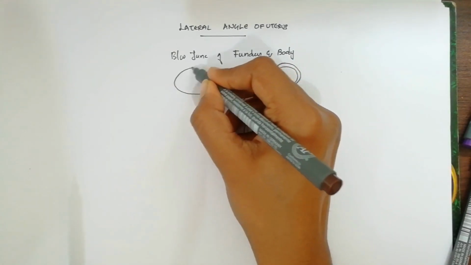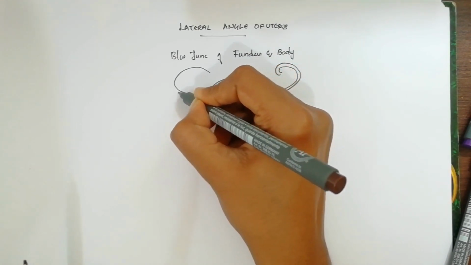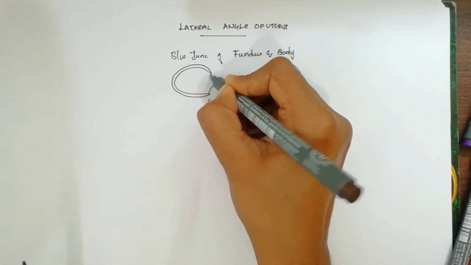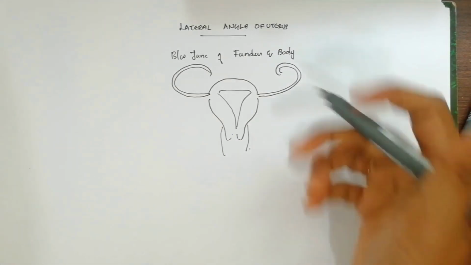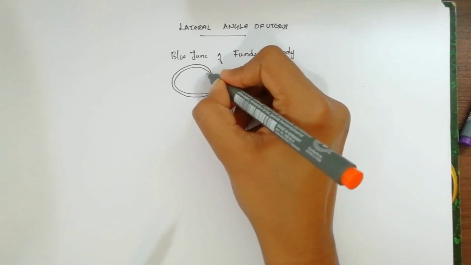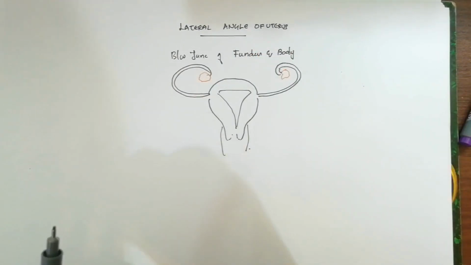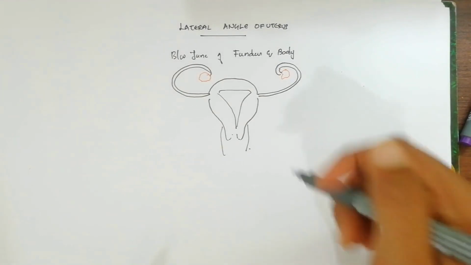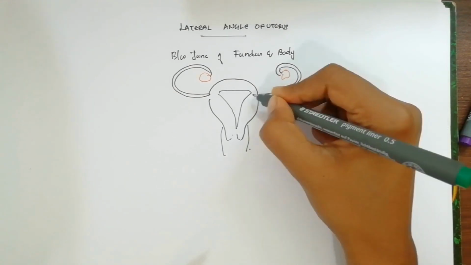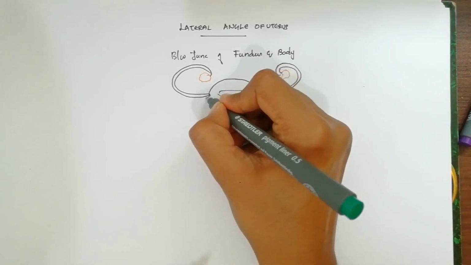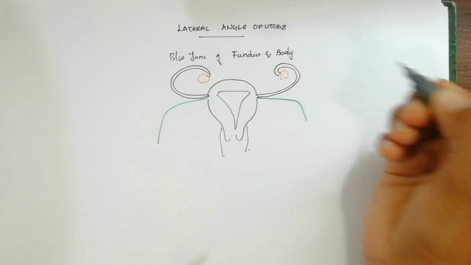On either side we have our uterine tube coming out, which is going to carry the ovary. So we will have the ovary over here. And along with that, two important ligaments are attached. One is the round ligament of the uterus, which is a true ligament of the uterus. We have the round ligament of the uterus attached.